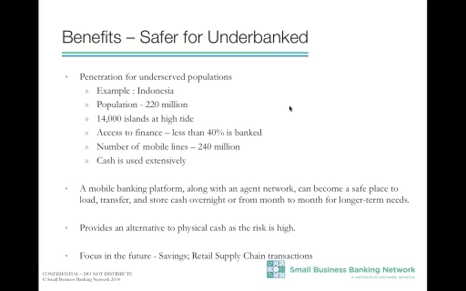There are even couriers who carry money from one island to another. Access to finance is very low. Only 40% is bank. But the best part is there are 240 million mobile lines and a population of 220 million people.